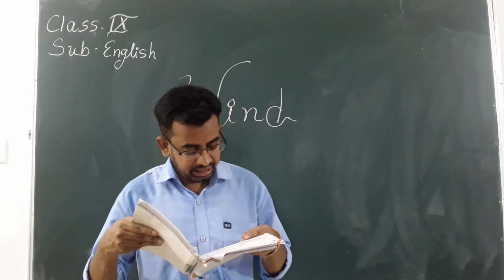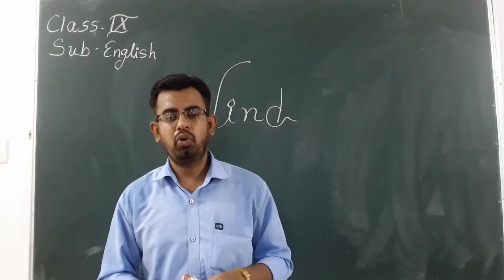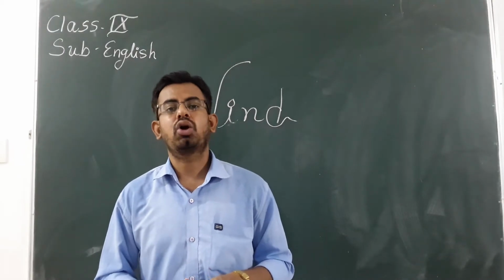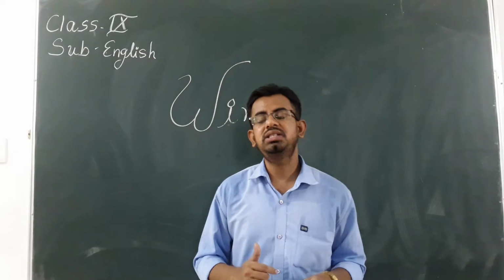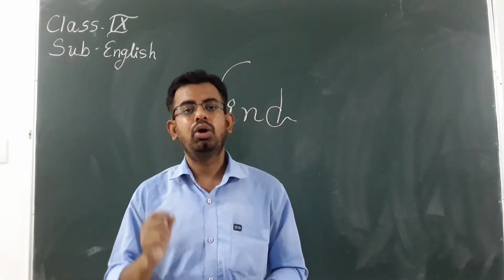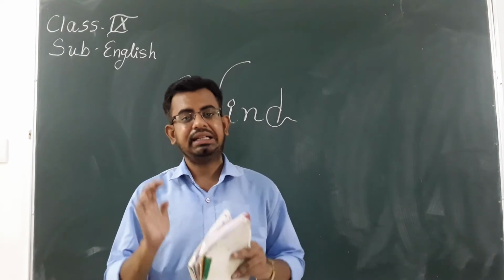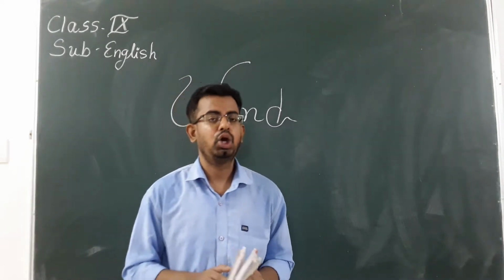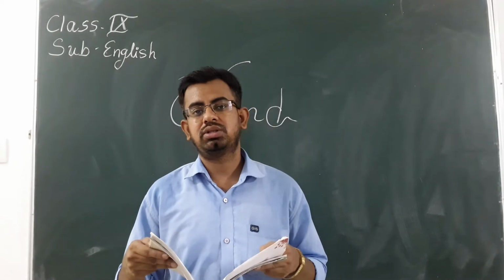You can see that in these two lines, the poet has used one more literary device called alliteration. Alliteration means in a single line, more than one word starts with the same alphabet, that is a consonant alphabet. So in this line we can see that wind god winnows.